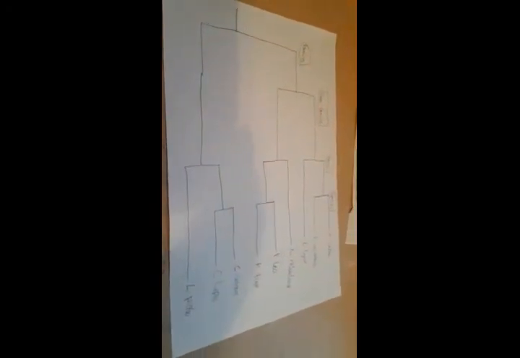Right, I want to teach you how to draw and interpret phylogenetic trees now. That's the name given to the type of diagram which we just looked at. Example of one here as well, a diagram which shows the evolutionary history of different organisms.